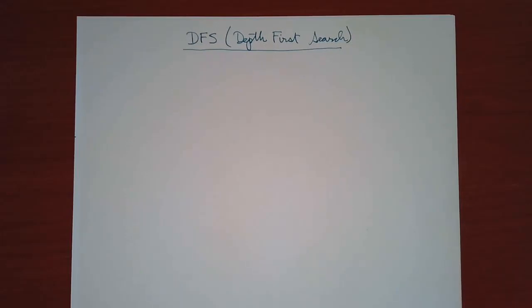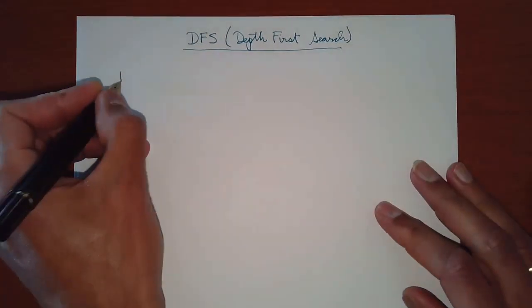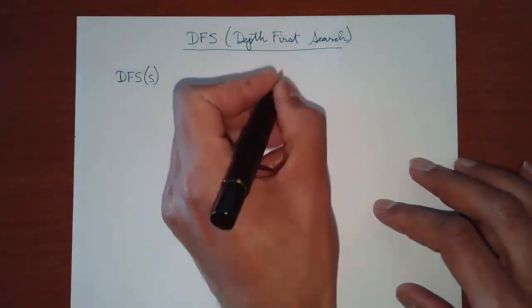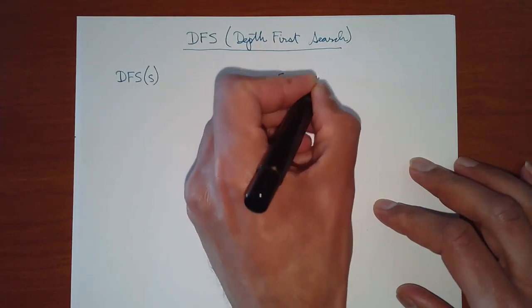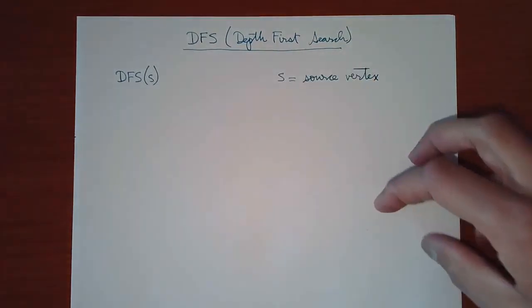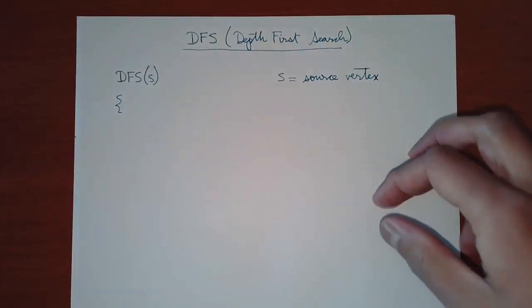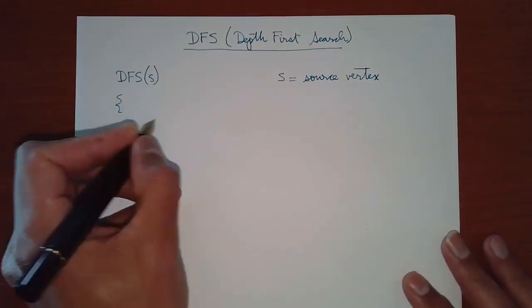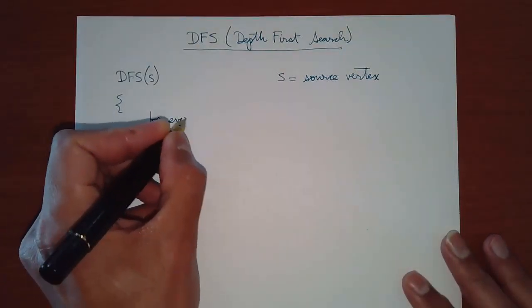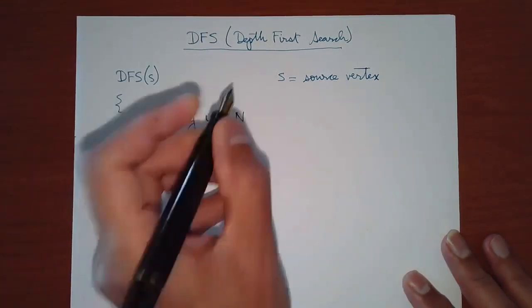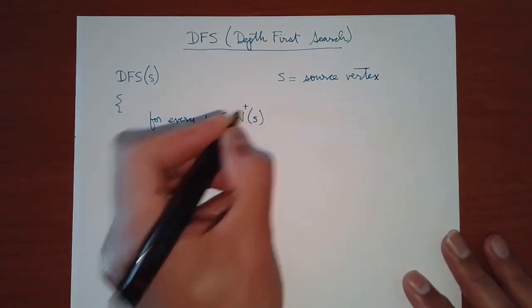The basic idea of DFS is much simpler than BFS. Remember that we start with a source vertex, right? So S is a source vertex. And so DFS actually does something. I'm just going to write this little snippet here. It just says for every vertex U in the neighborhood of S, I'm just going to put a plus over there.